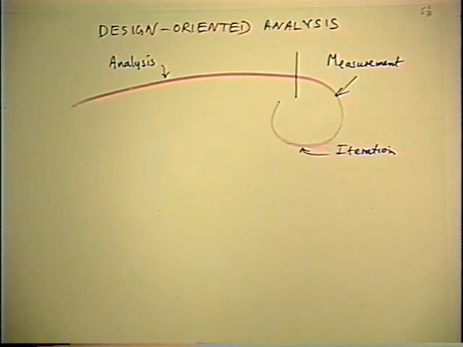And I have a special phrase for it, which I'm going to be using all the time. That is design-oriented analysis. It's the only kind of analysis that's worth bothering with. Any other kind of analysis simply leads to a huge equation, which is useless. What are you going to do with it?